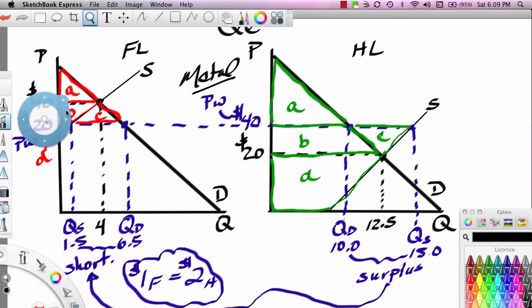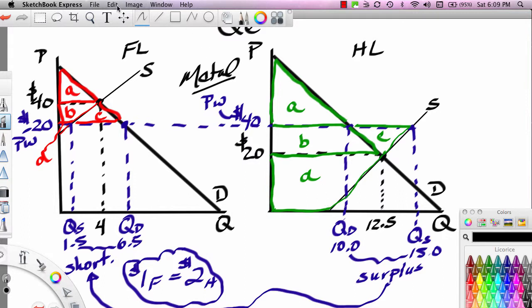Before trade occurs, the consumer is getting what? The consumer is getting above the price line, below the demand curve. So the consumer is getting letter A. The producer, when there's no trade, again, when there's no trade, the price is 40 and the output rate is 4. The producer is getting below the price line, above the supply curves. So the producers are getting B and D.